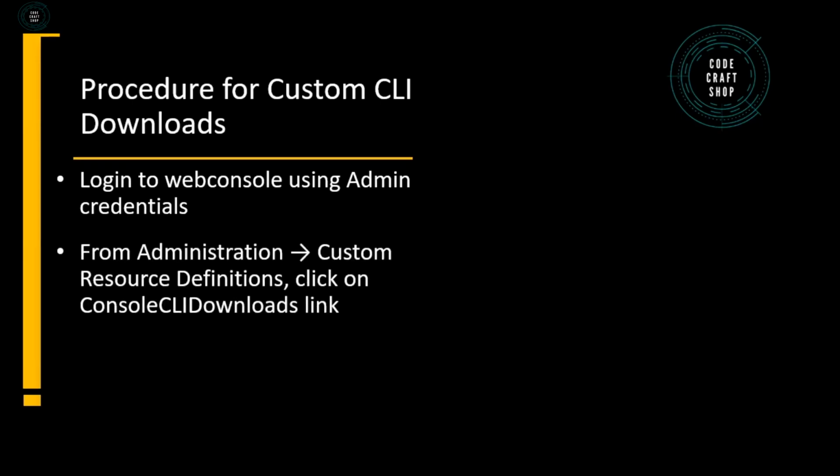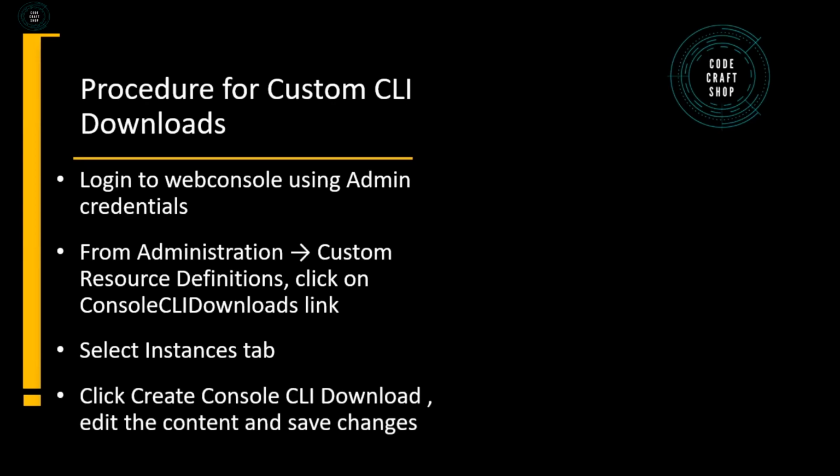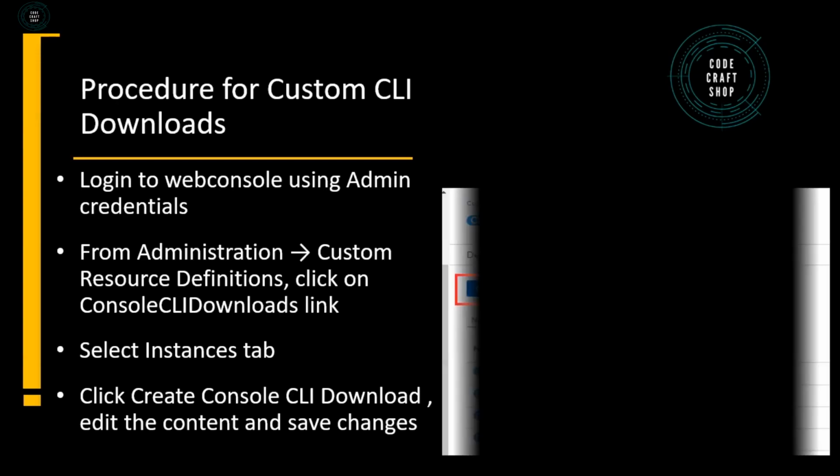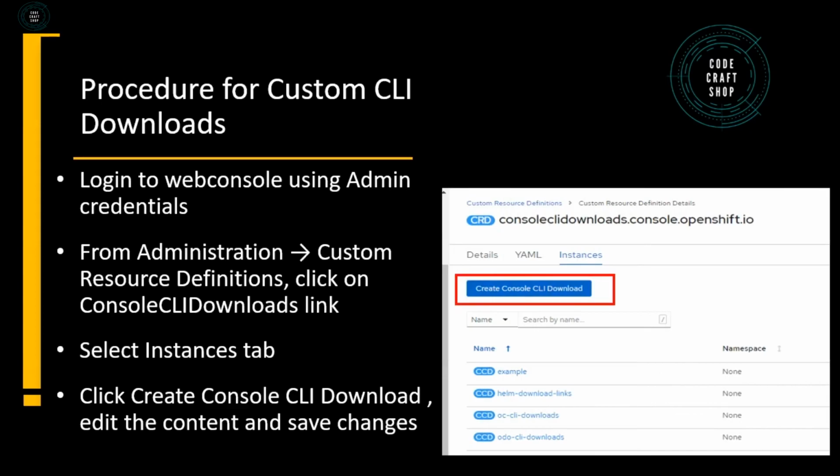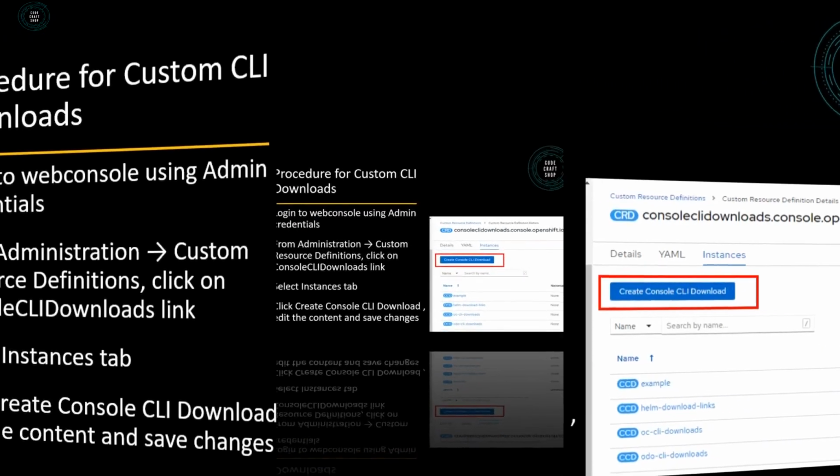Then we need to navigate to this page, that is Administration, then Custom Resource Definitions, and there we will find a hyperlink ConsoleCLIDownload, and then we navigate to the Instances tab, and then we will create a custom CLI download link using the Create ConsoleCLIDownload button. So if you can see on the screenshot, there is a Create ConsoleCLIDownload button. Using that button we can customize the web console for custom CLI downloads.